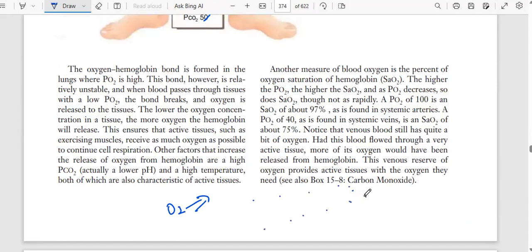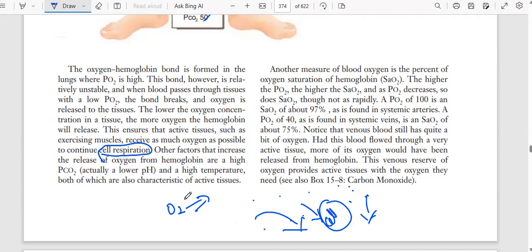Wherever the oxygen amount is low, the oxygen is utilized by the tissue. An exercising muscle receives as much oxygen as possible to continue cell respiration. Here the term is used: oxygen is taken and other chemical changes happen, and we call it cell respiration.